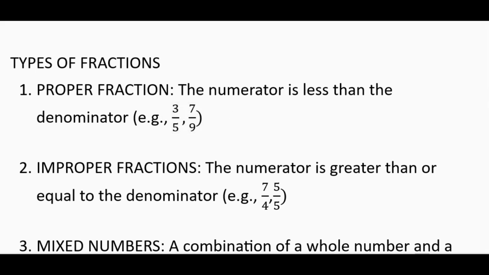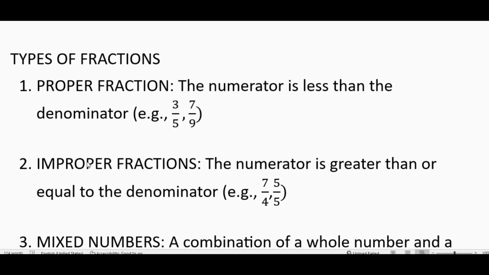Now the next type of fraction we have is the improper fraction. For an improper fraction, the numerator is greater than or equal to the denominator. If the numerator is higher or bigger than the denominator, we call this an improper fraction. And if both the numerator and the denominator are equal, that is, they have the same digits, we also call this kind of number an improper fraction.